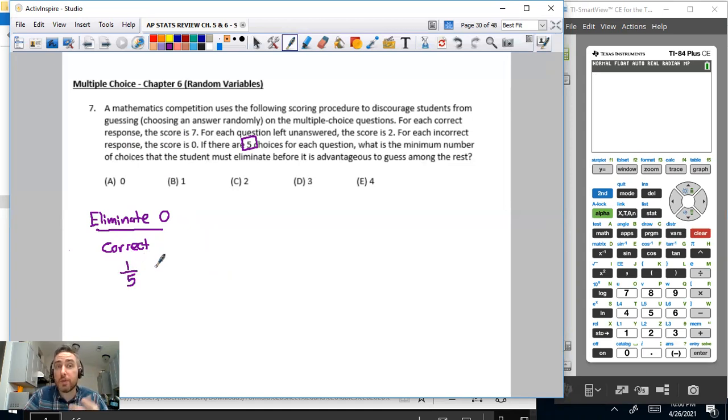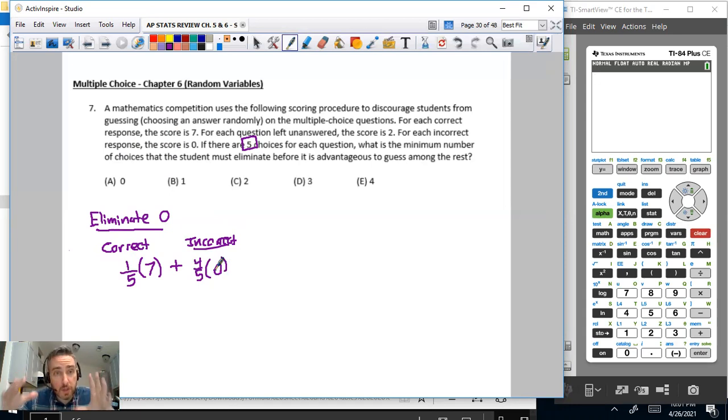And what's your score? 7 points if you get it right, right? And you could lose, that probability is 4/5, and you're going to get 0 points for that.